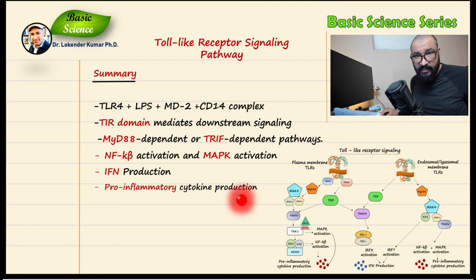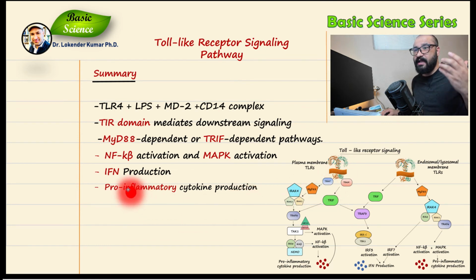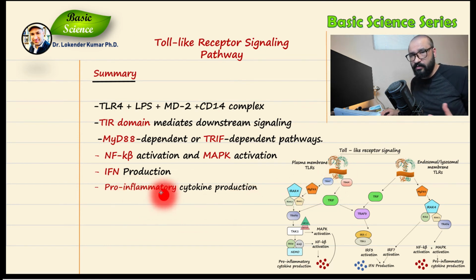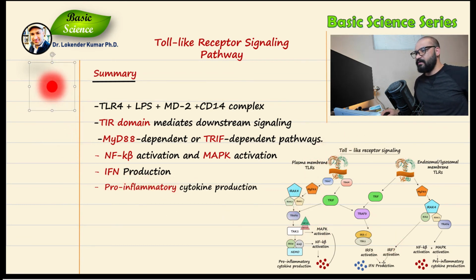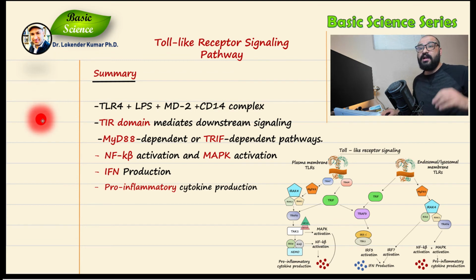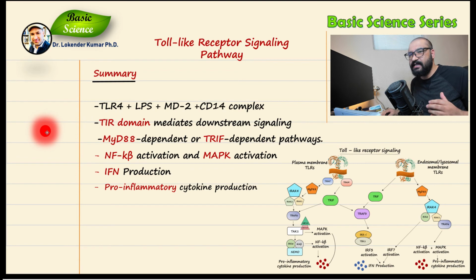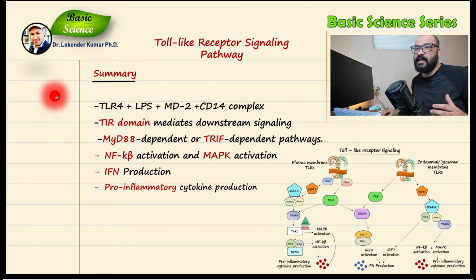In this case, I have taken the example of the TLR4 molecule, right? And these are the proteins that are involved, and most of these proteins are complex proteins, and there is a complex regulatory mechanism involved in the activation of that particular protein.